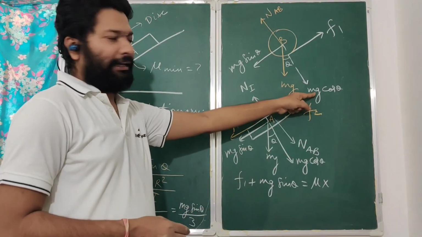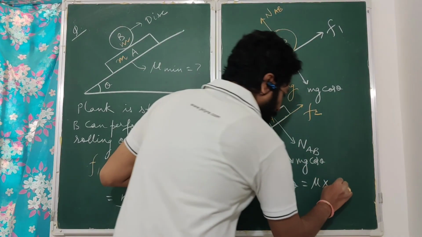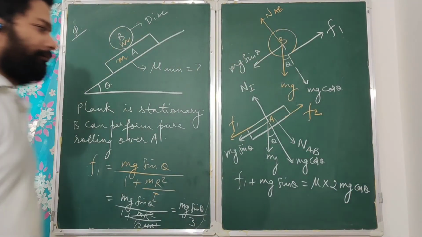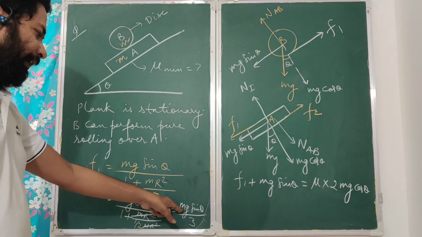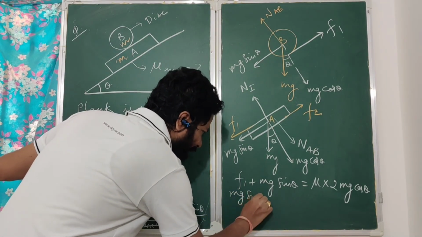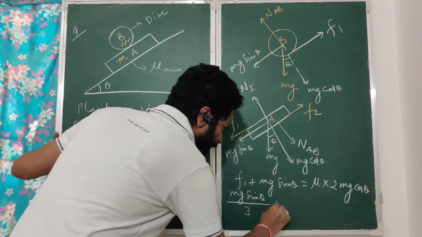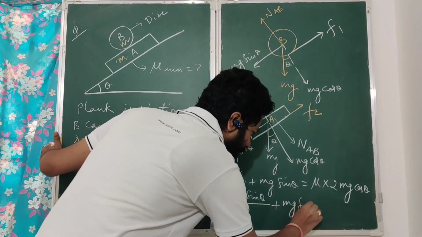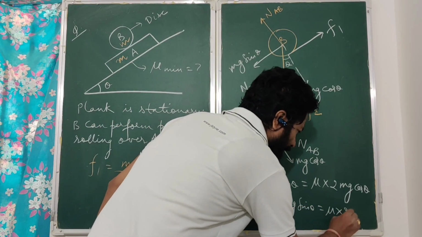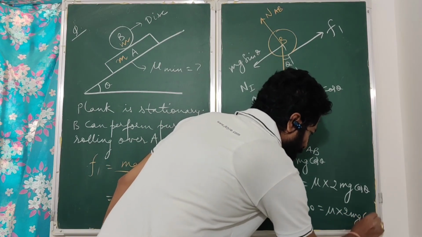NAB itself is mg cos theta, so it will become 2 times mg cos theta. And F1 value is mg sin theta by 3. So we can write this as mg sin theta by 3 plus mg sin theta, and that is equal to mu into 2 mg cos theta.